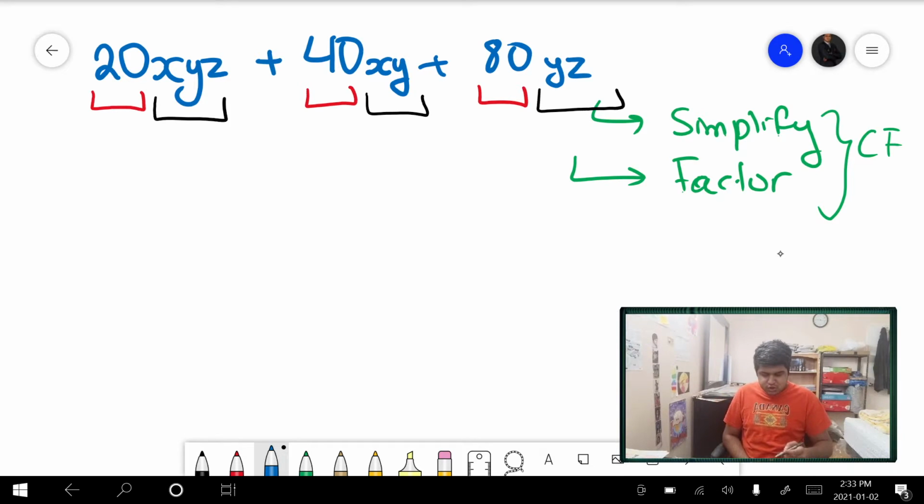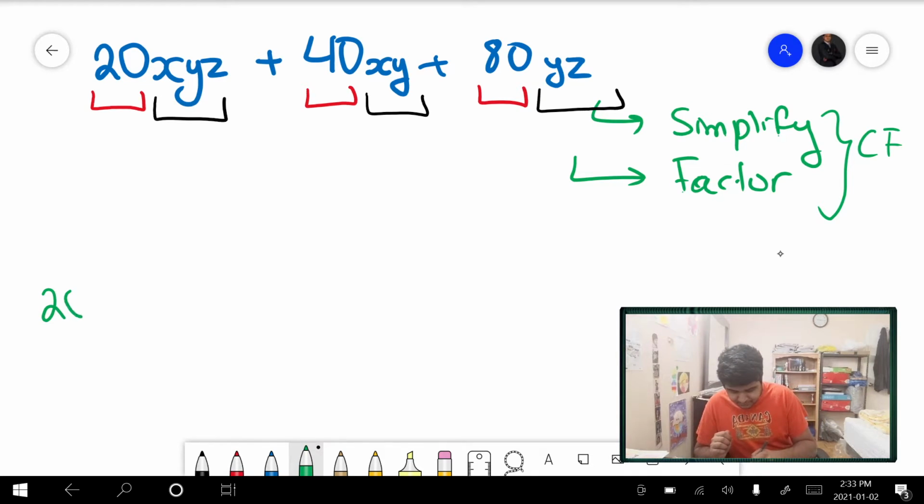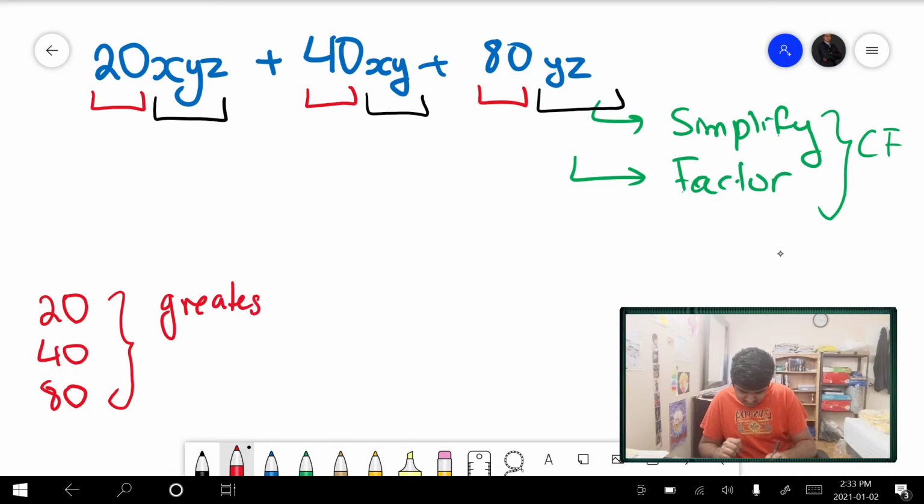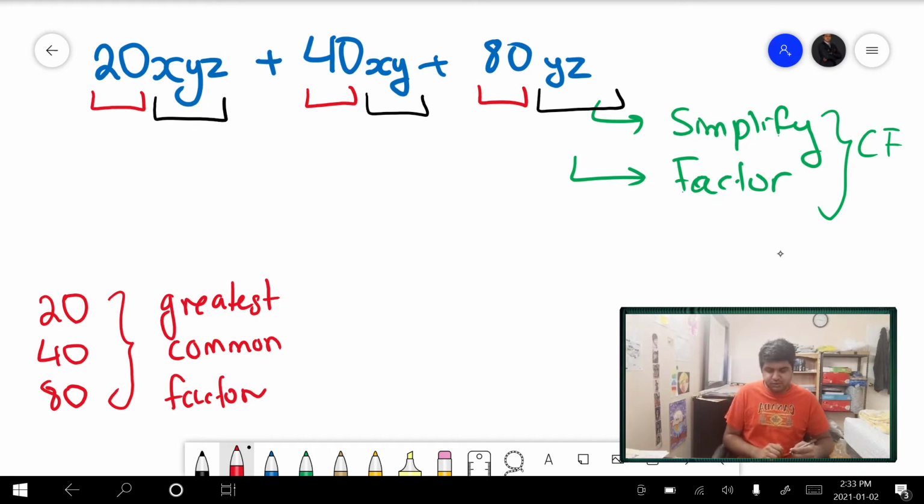And what we're trying to do in each of these cases is find the greatest common factor, right? So let's look at the numbers first. For the numbers, we have 20, 40, and 80, and we're trying to locate the greatest common factor among these three numbers.